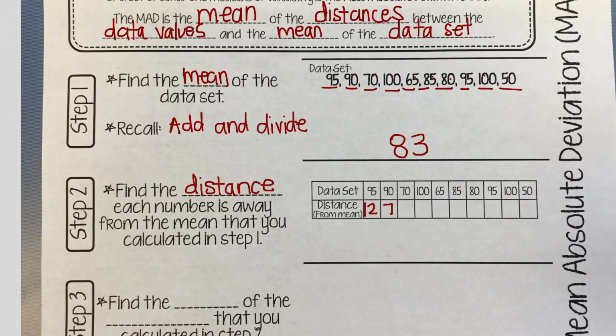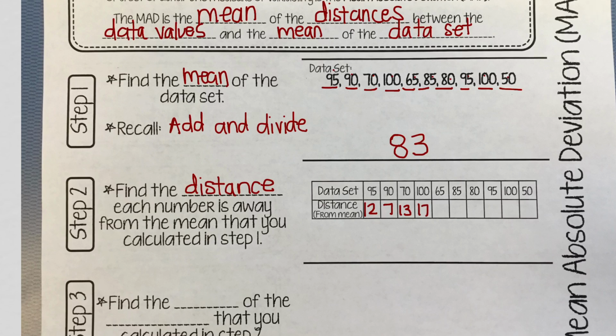And it's not necessarily subtract. It's just distance. So 83 minus 70 is what? 13. Okay, 100 minus 83 is 17.